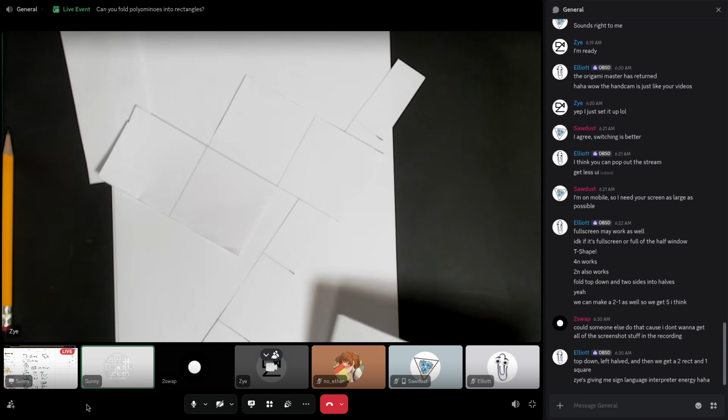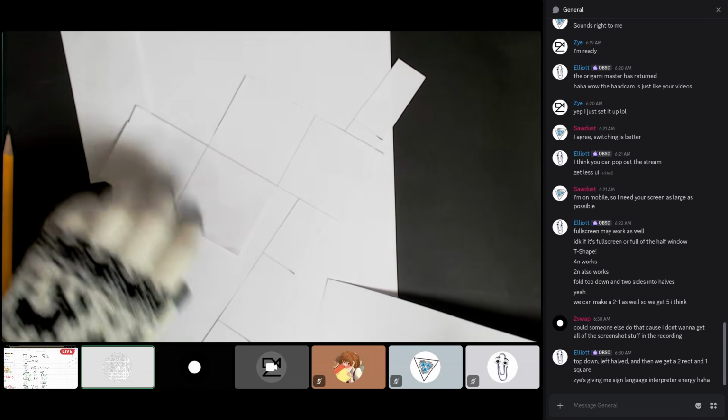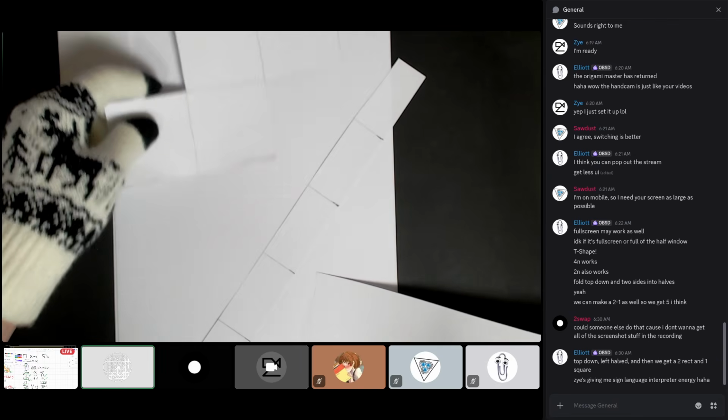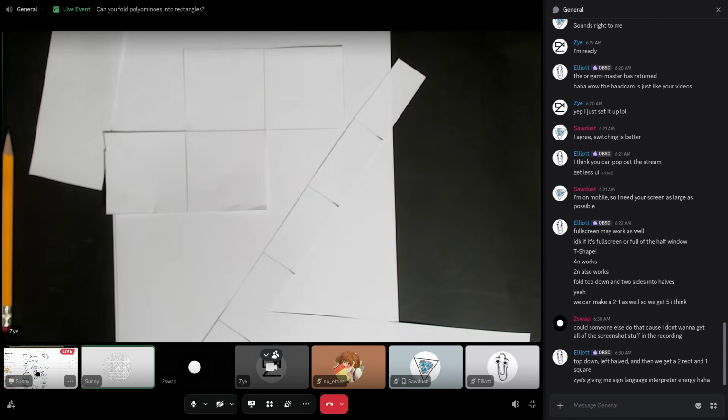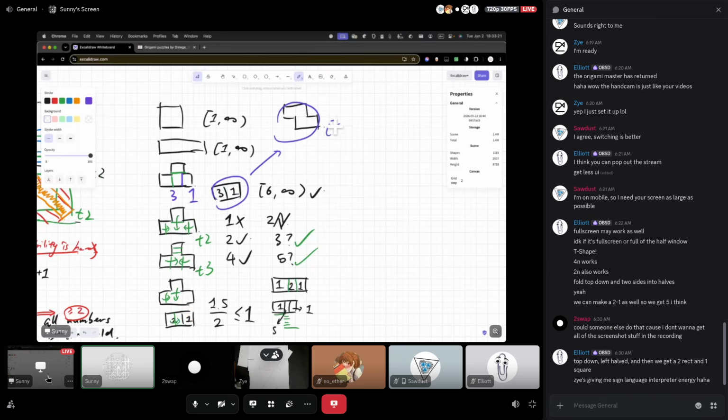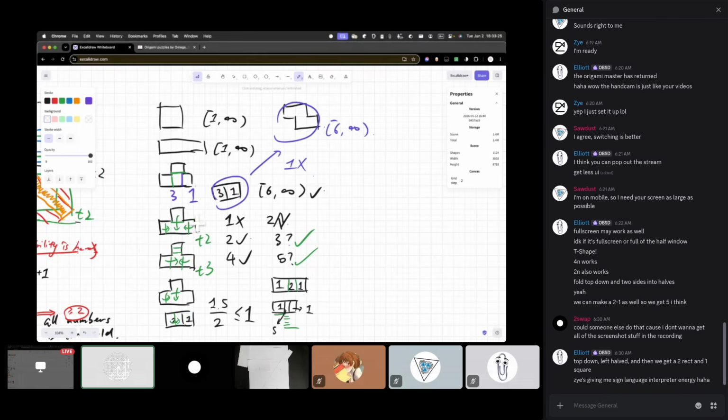So let's say the 3-1. If you look at the 3-1, the 3-1 also works here, so you get 6 and above. 1 is obviously still impossible. 2 is still possible by doing this fold and these in. And then 3 is possible by the 3-1.